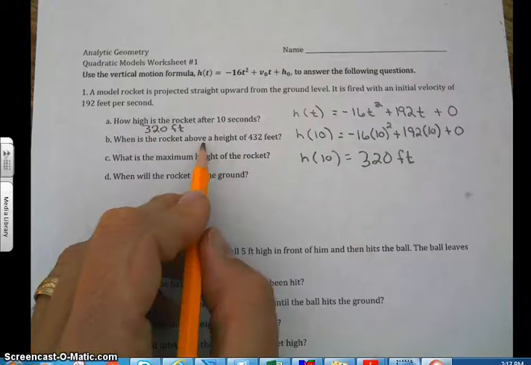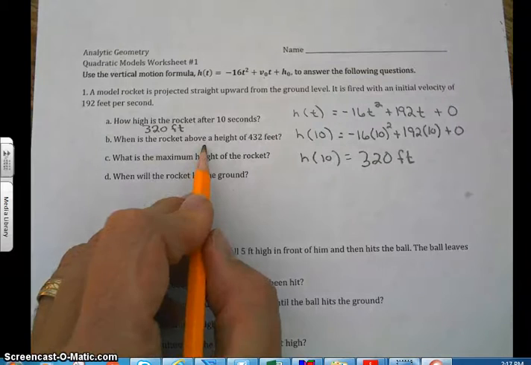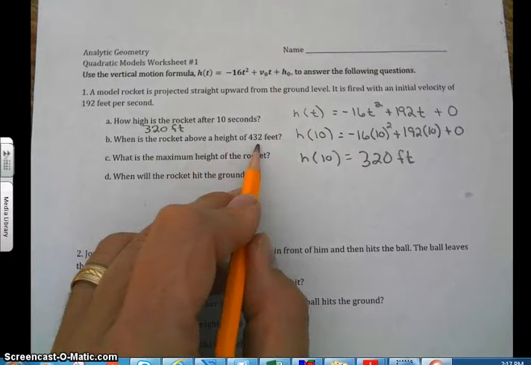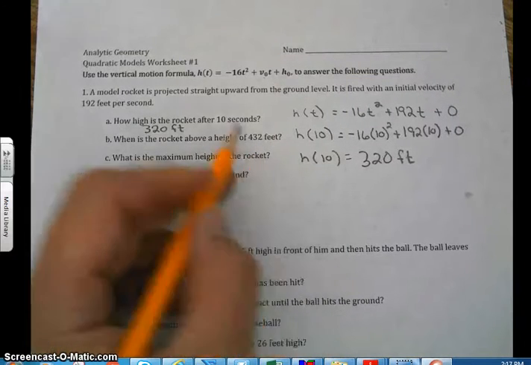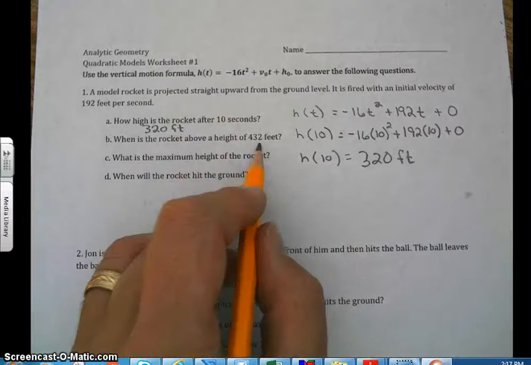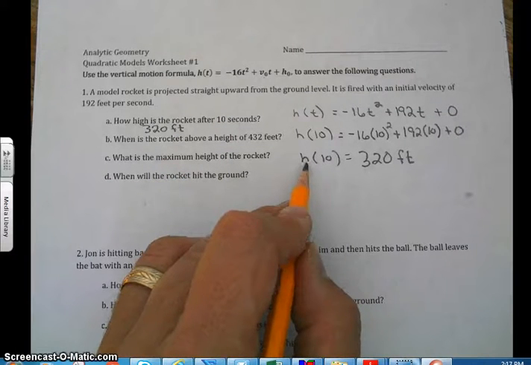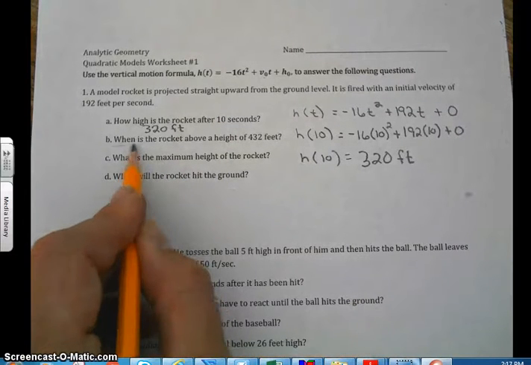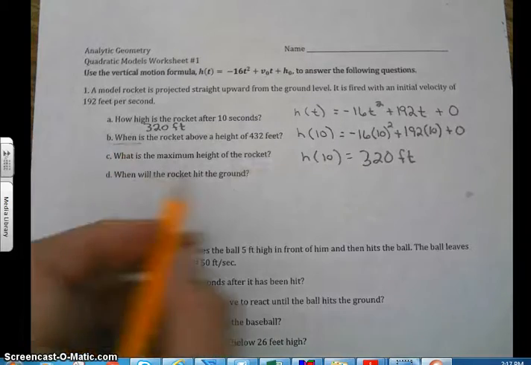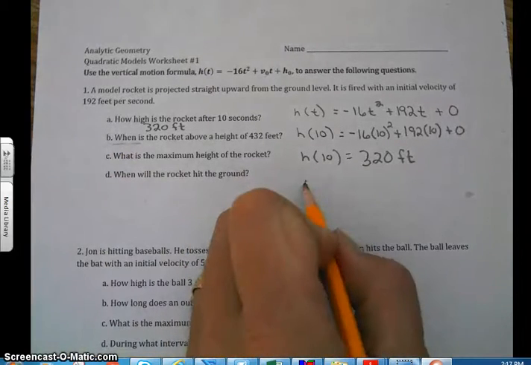When is the rocket above a height of 432 feet? In this case, we know the height, and we're trying to solve for t, when. So 432 goes in for height.